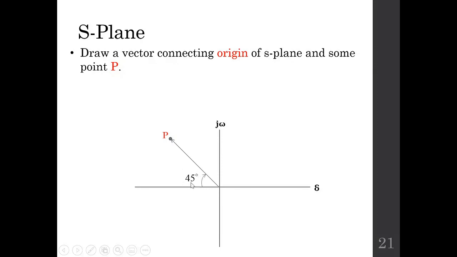In this case, it is 45 degrees. So in order to find the value of zeta, we use the previously given equation, zeta equals cos of theta. In place of theta, we put the 45 degree angle and we come up with a zeta value of 0.707.